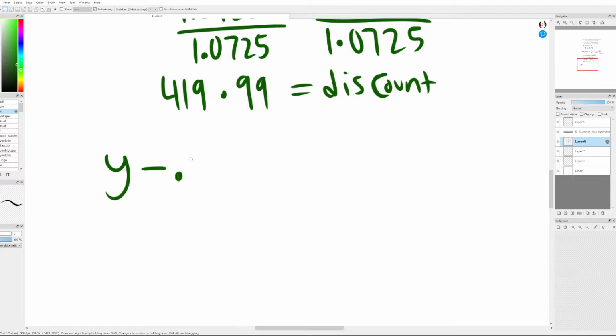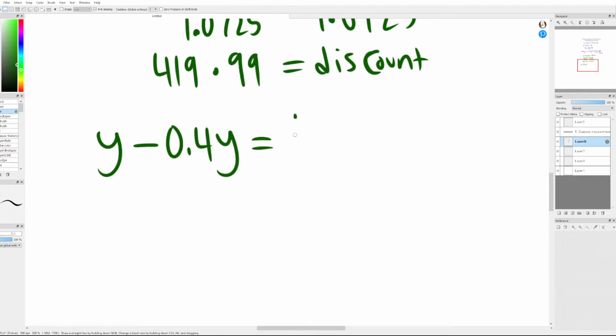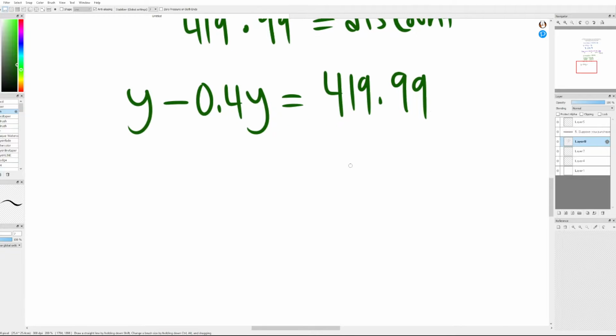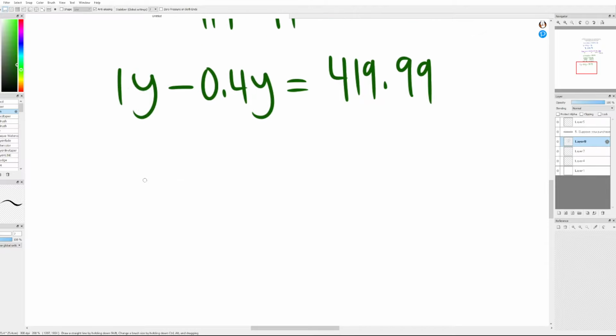So Y minus 0.4Y is equal to our $419.99. We're going to do the same thing. There's also an implied 1 here, so we can do 0.6 because 1 minus 0.4 is 0.6.